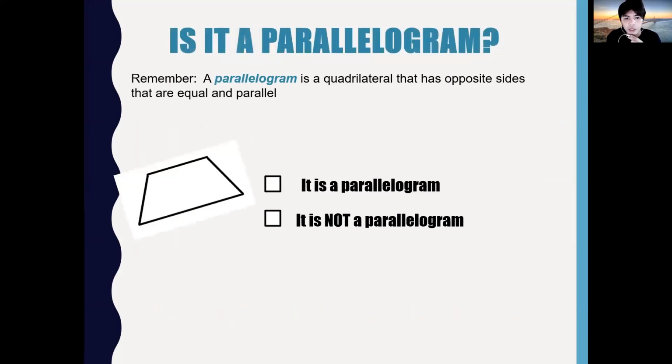Next, we have a rhombus. Next, we have a trapezoid. A trapezoid, is it a parallelogram or not? We need to remember that a parallelogram is a quadrilateral that has opposite sides that are equal and parallel, while the trapezoid has only one pair of parallel sides, and it is also not equal.